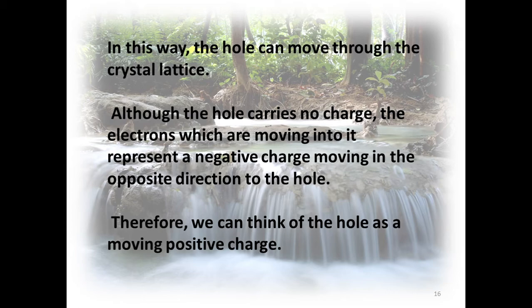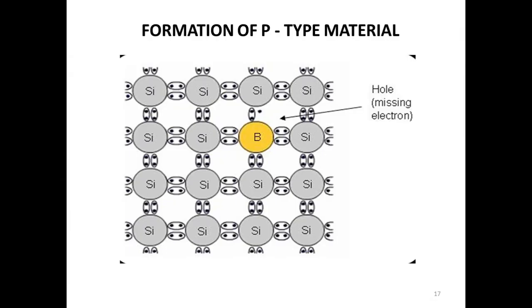In this way, the hole can move through the crystal lattice. Although holes have no charge of their own, the electrons moving in the lattice represent a negative charge moving in the direction opposite to the hole. Therefore, we think of the hole as moving as a positive charge.